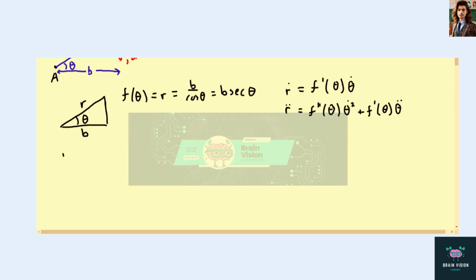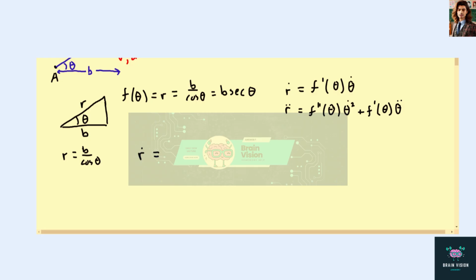Okay, so we had r is equal to b over cosine theta. All right, and we've got r dot.